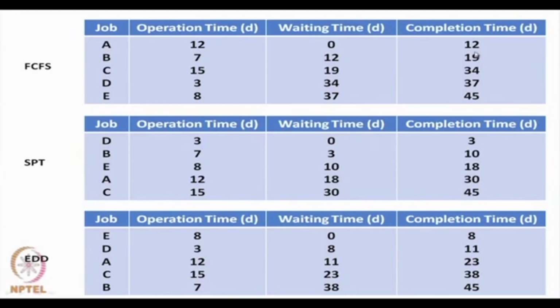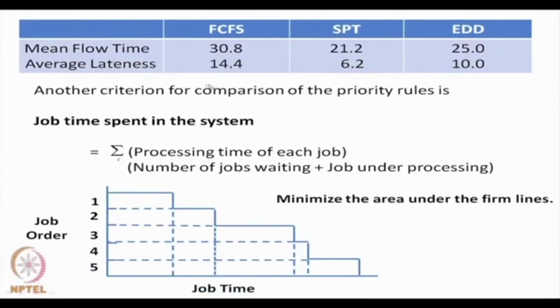So, I used that formula and calculated the average lateness for the three priority rules, and I found that the shortest processing time also gives the least value of 6.2. So, following these two criteria, I found that the shortest processing time is the best priority rule that one should follow.